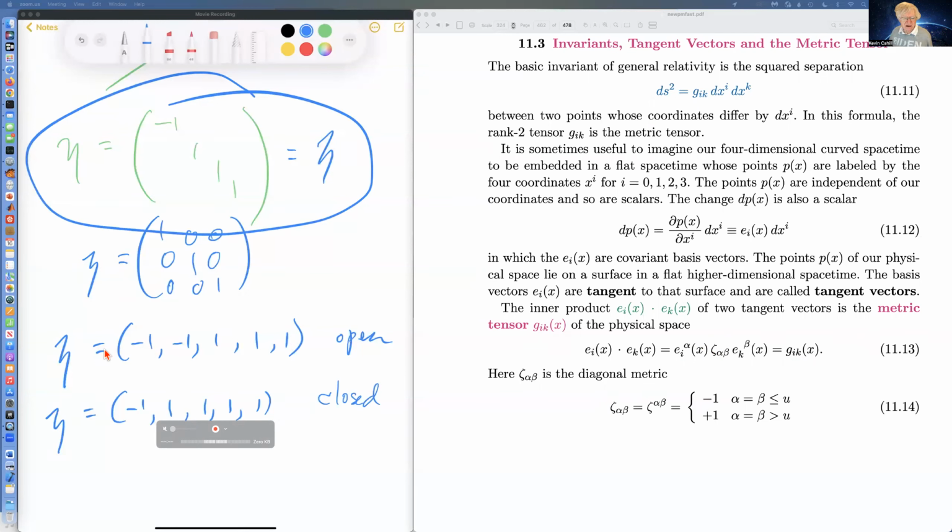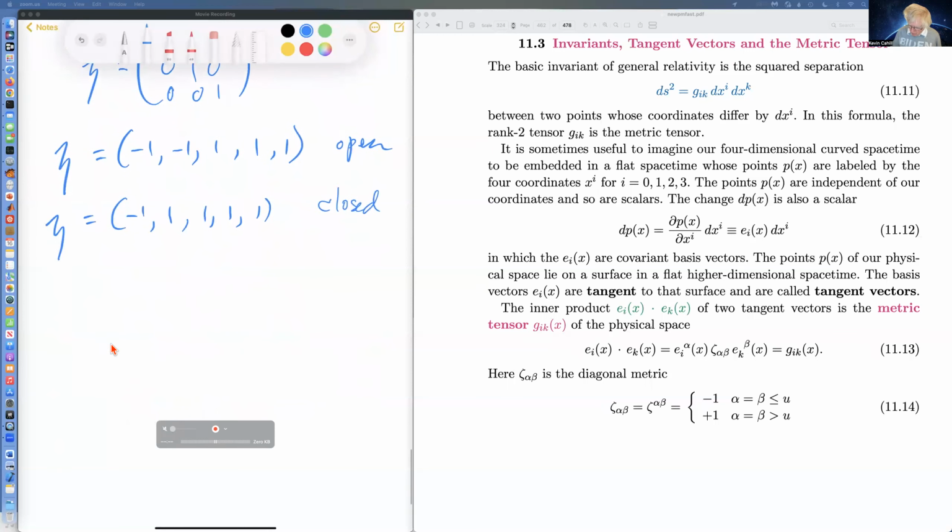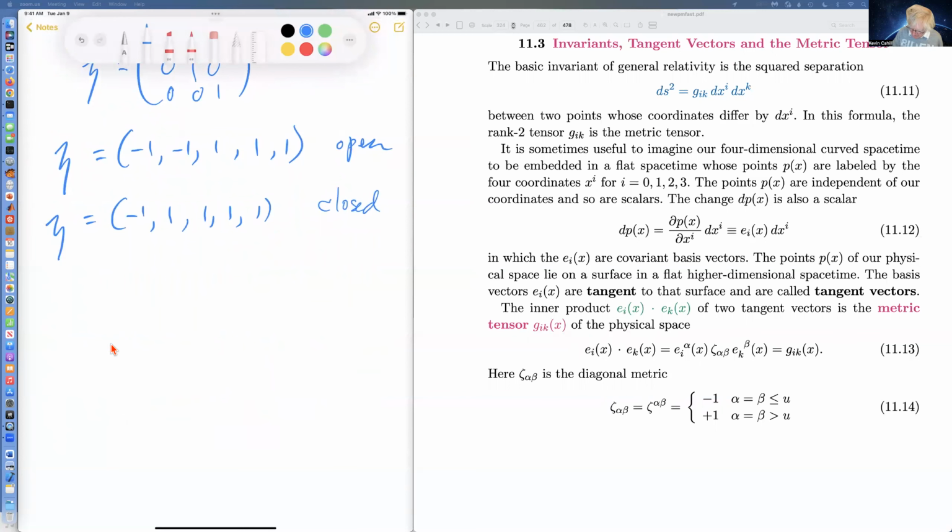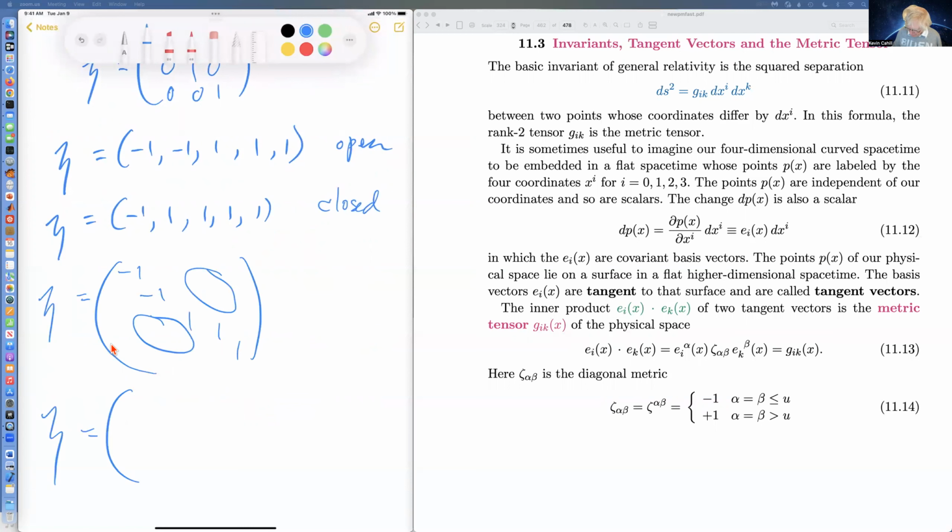Of course, what I did here was I left out the word diagonal. So what I really meant was that the open zeta is diag(-1, -1, 1, 1, 1), with zeros everywhere else, and zeta closed is diag(-1, 1, 1, 1, 1), with zeros everywhere else.